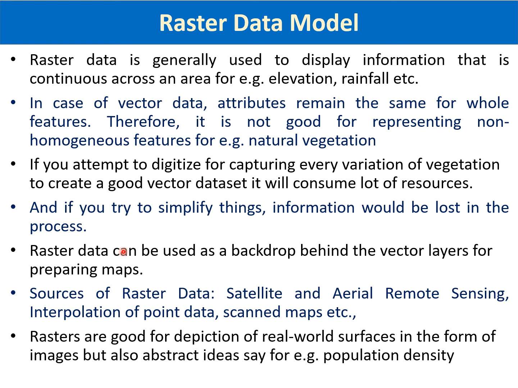You can have very finer resolution, smaller pixels to represent the information or real phenomena of the world. The raster data can also be used as a backdrop behind the vector layers for preparing maps.